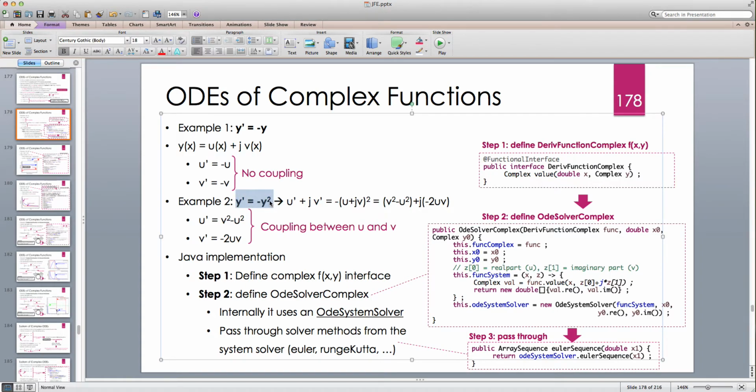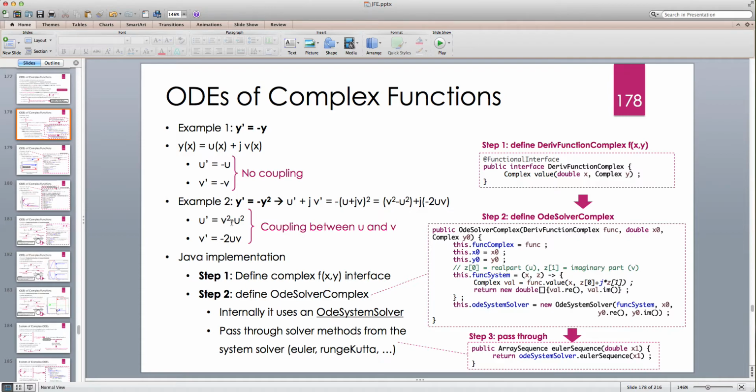Y prime equals minus y squared. So the left hand side is u prime plus jv prime. The right hand side is minus (u plus jv) squared, which is v squared minus u squared plus j times minus 2uv. So in this case, u prime is v squared minus u squared, v prime is minus 2uv.